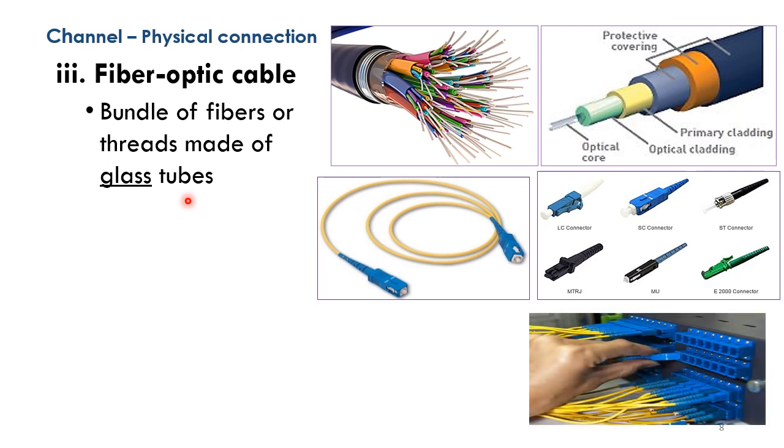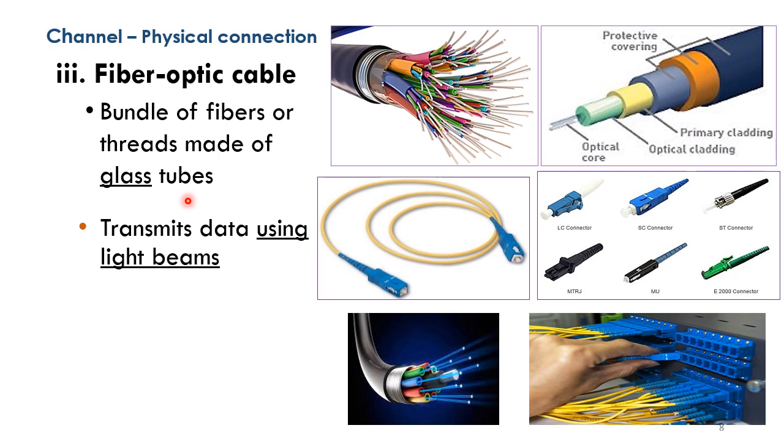Recently, speeds of 1 petabit per second. A petabit is 1 million gigabits. So compared to coaxial cable, it is lighter, faster, and more reliable at transmitting data.